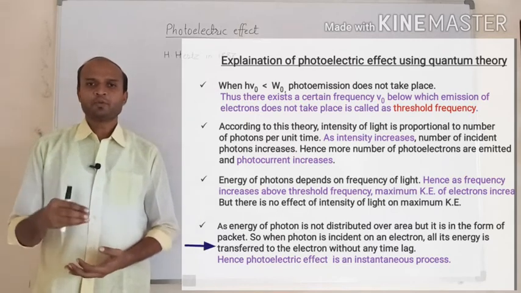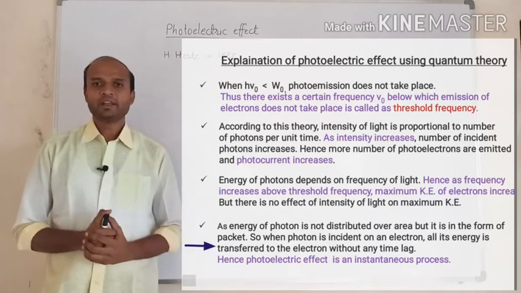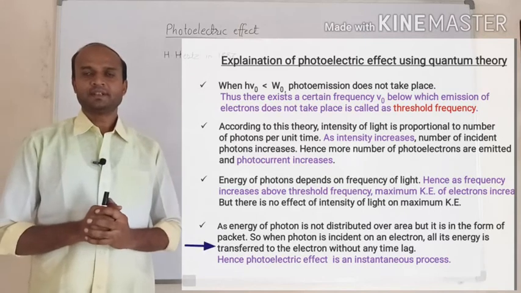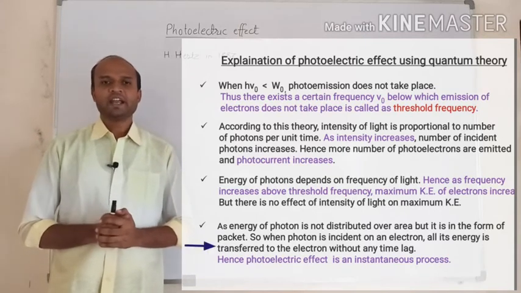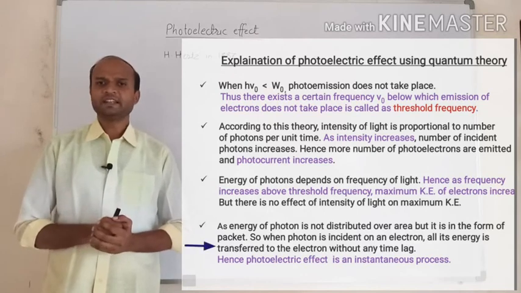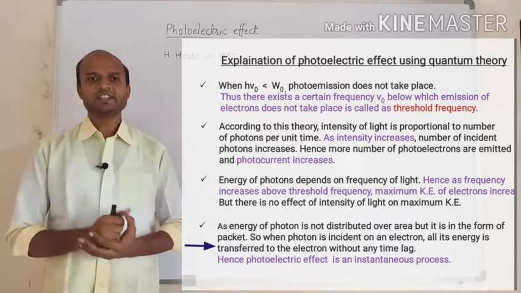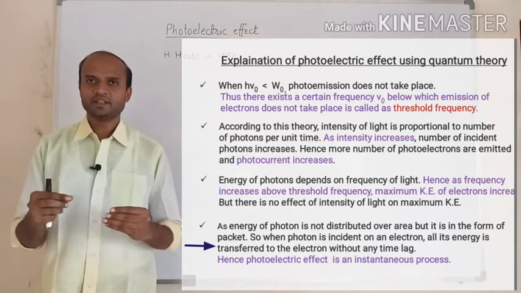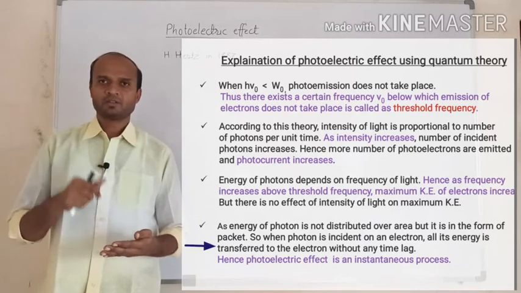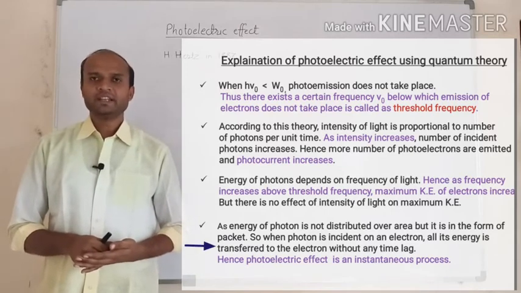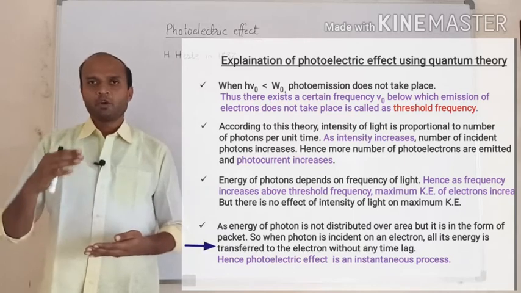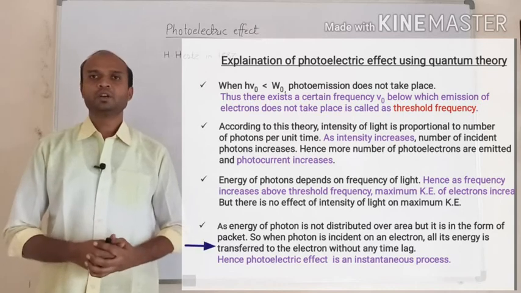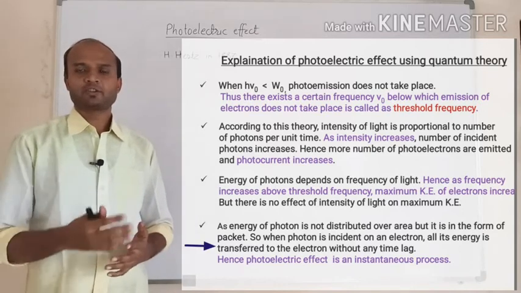Then, the energy of a photon is not distributed over an area, but is in the form of packets of energy, so when a photon is incident on an electron, all its energy is transferred to the electron without any time lag. As there is 1:1 interaction, as soon as the photon collides with the electron, its energy is instantaneously transferred to the electron, and the electron becomes free.